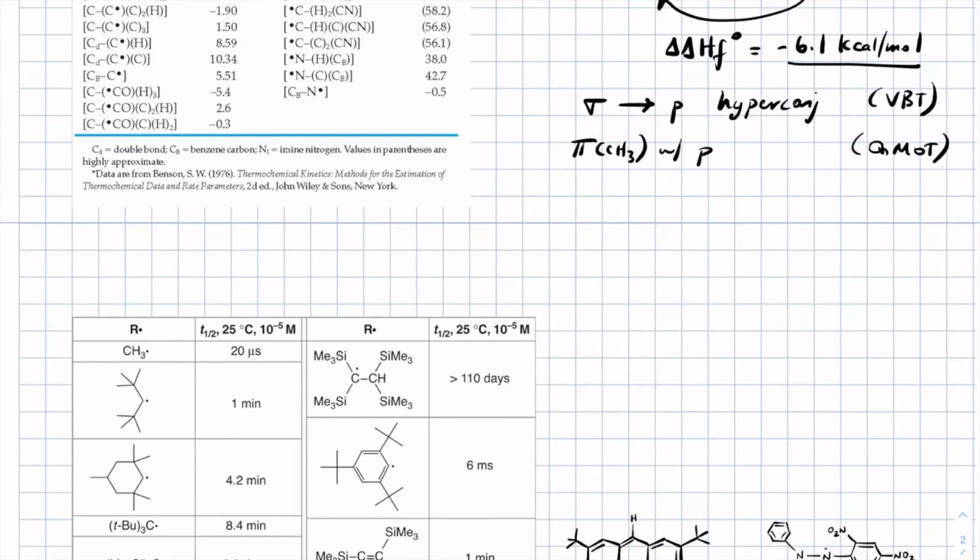Perhaps not surprisingly, compare methyl radical, which we know is less stable than t-butyl radical. Nevertheless, there are some radicals that can last much longer than t-butyl radical. For example, replacing those methyl groups, tri-tert-butyl radical, sorry, that's not the t-butyl radical, that's the tri-tert-butyl radical. That would look like this.